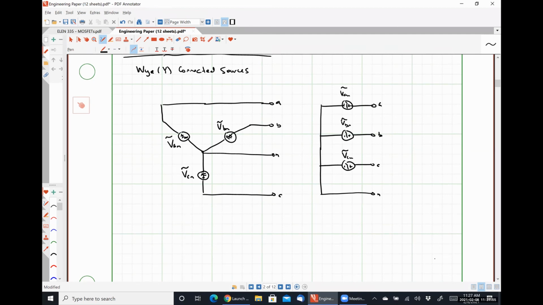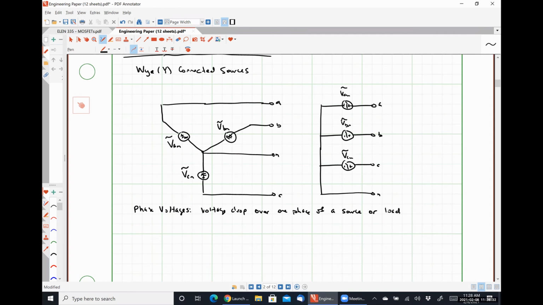So the first thing that I want to identify is what are called the phase voltages. By definition, a phase voltage is simply the voltage drop over one phase of a source or a load.